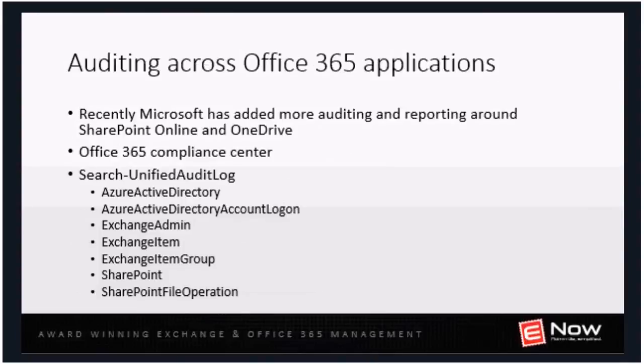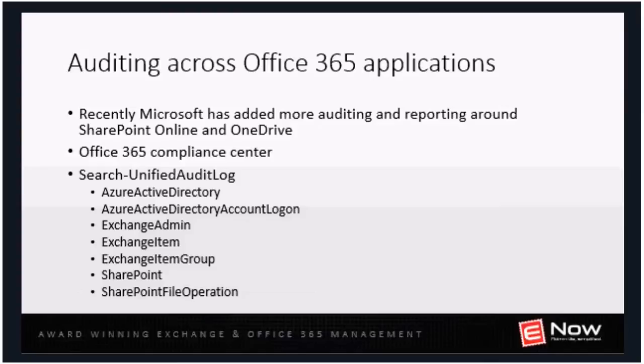All right, so now we're going to go into auditing across applications, multiple applications in Office 365. As we said, the Exchange auditing is more mature in Office 365, but they are working on building this level of auditing, all this information, into SharePoint and Skype for Business and the other applications, Azure Active Directory, within Office 365.